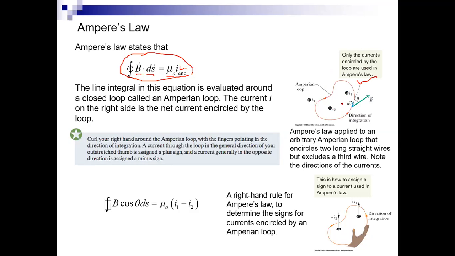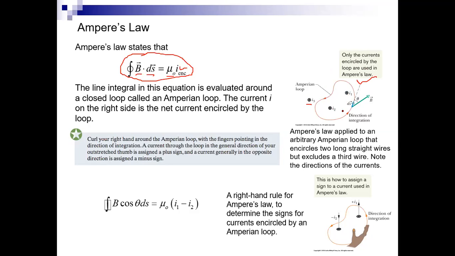One wire is into the page, another wire is coming out of the page. Another wire, the third wire, is outside that loop, so this wire will not be considered here.